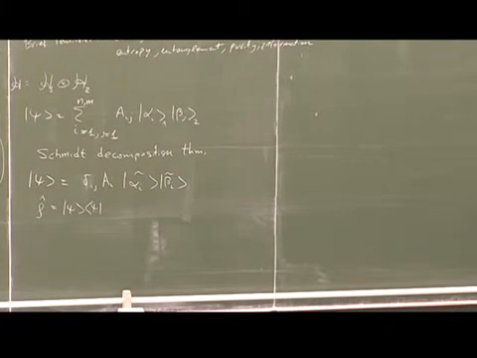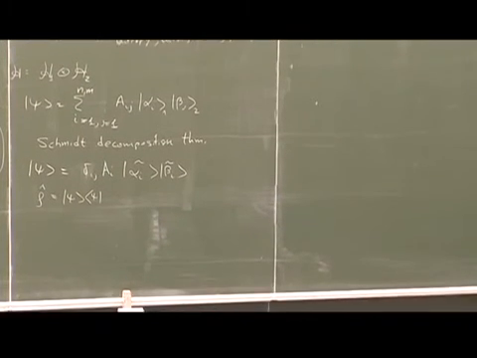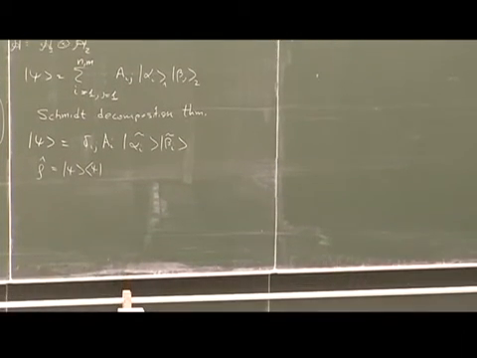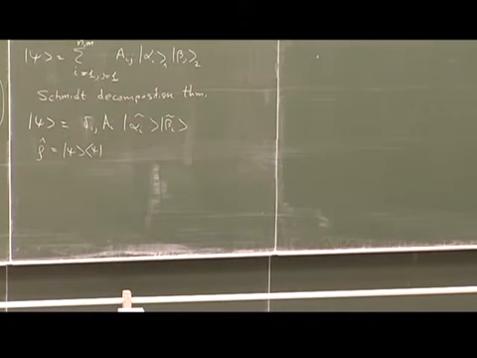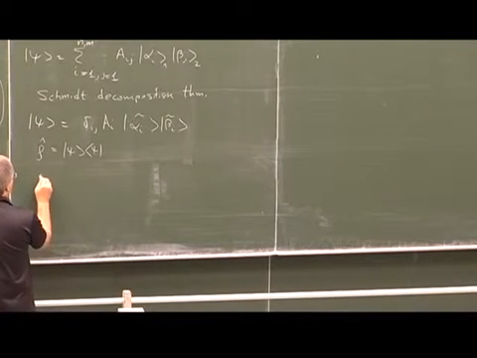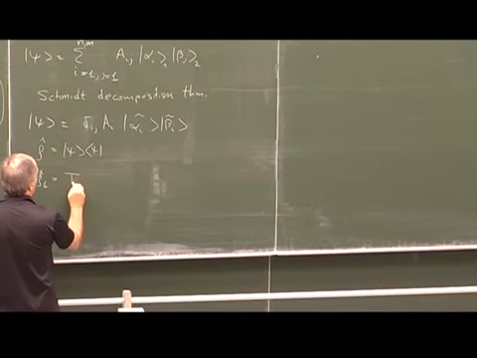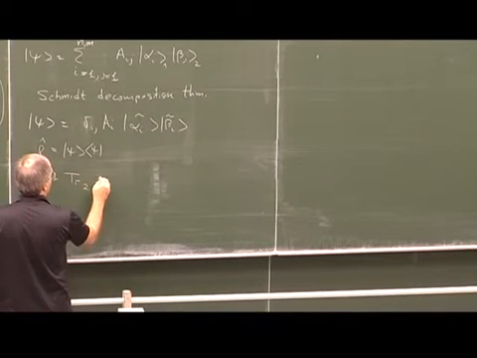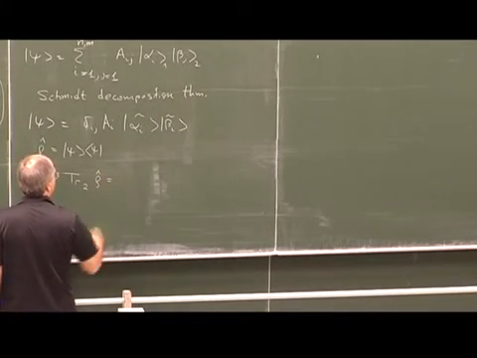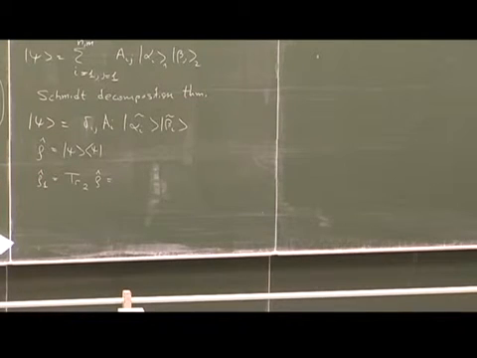Now we can define the reduced density matrix. So the reduced density matrix, let's say rho 1, is defined as trace 2 of rho. What does this mean here?